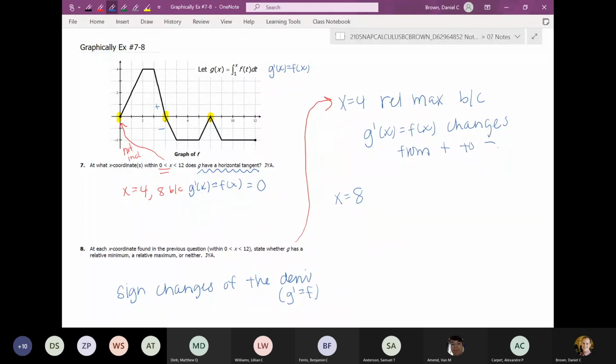Same thing for x equals 8. I can see that x equals 8 is going to be neither of those, because g prime, which is the same thing as f of x, stays negative to negative. So I'm going to simply state that it doesn't change signs.